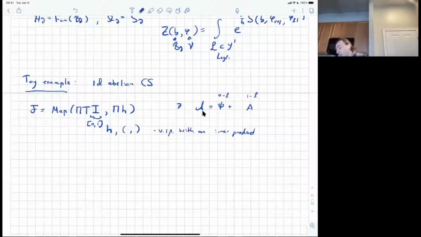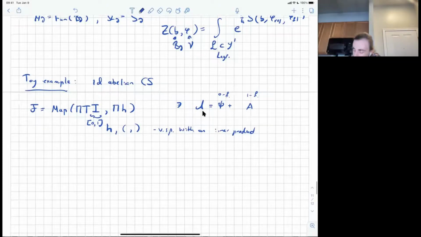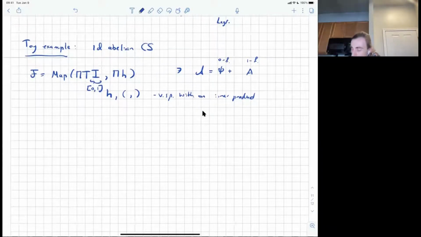A is a 1-form, which is intrinsically even with coefficients in H. Then the bulk BV data is given by the action, which is the integral over the interval of the superfield paired with d of the superfield, or of course only the 0-form component survives here.